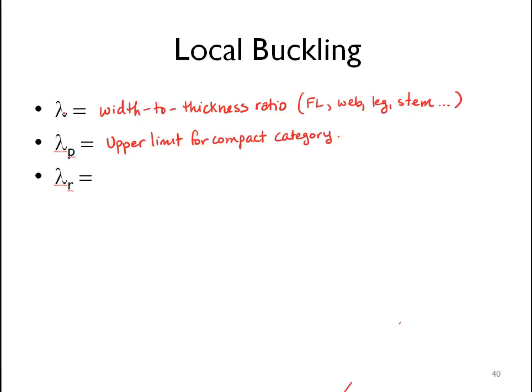So if you calculate a lambda value for an element in the cross-section and it's less than lambda sub p, that means that portion of the cross-section is compact. Lambda sub r is the upper limit for the non-compact category. Whereas for columns we really had 2 classifications, non-slender or slender, for beams we're going to have 3 designations: compact, non-compact, and slender.